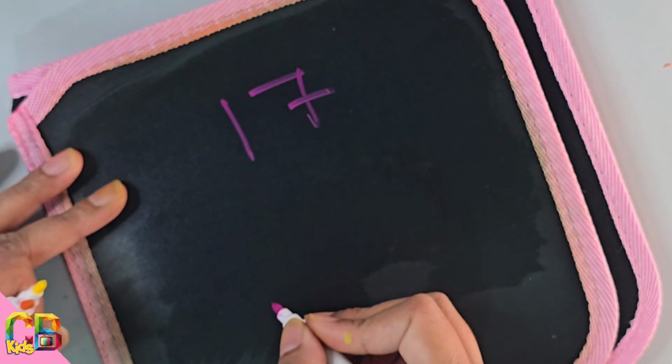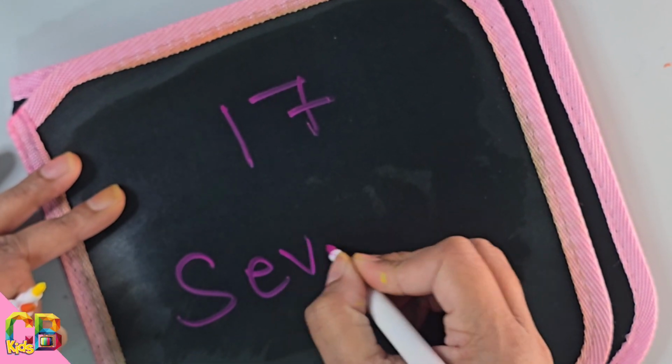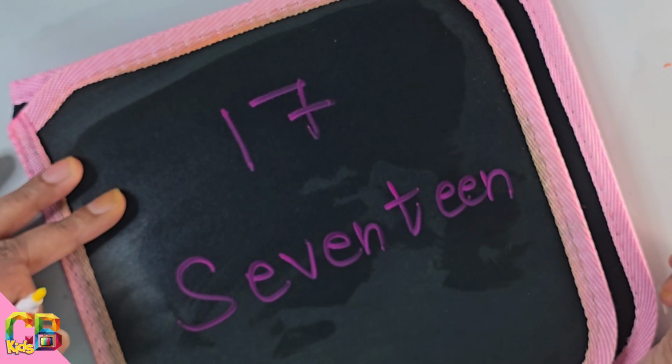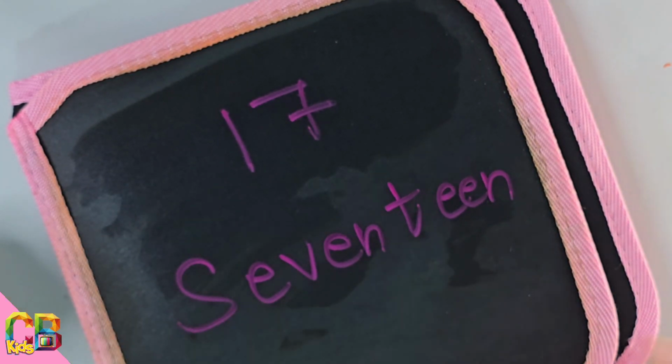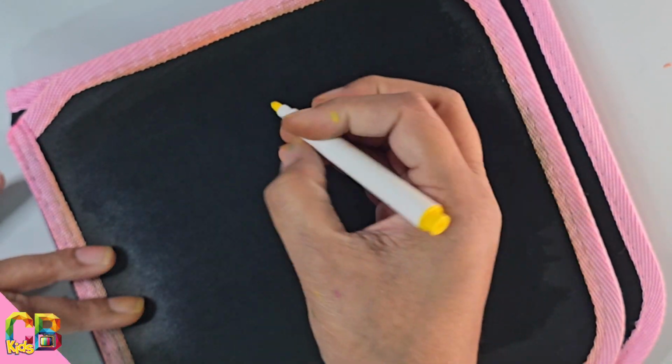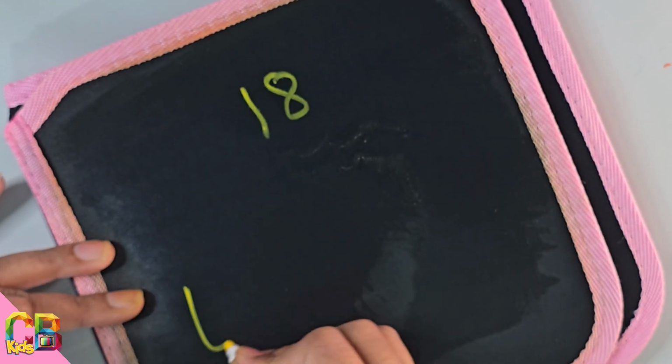Okay, now let's move to another number which is going to be 17. 1 and 7, 17. S-E-V-E-N-T-E-E-N, 17. Okay, now let's write another number which is going to be 18. 1, 8, 18.